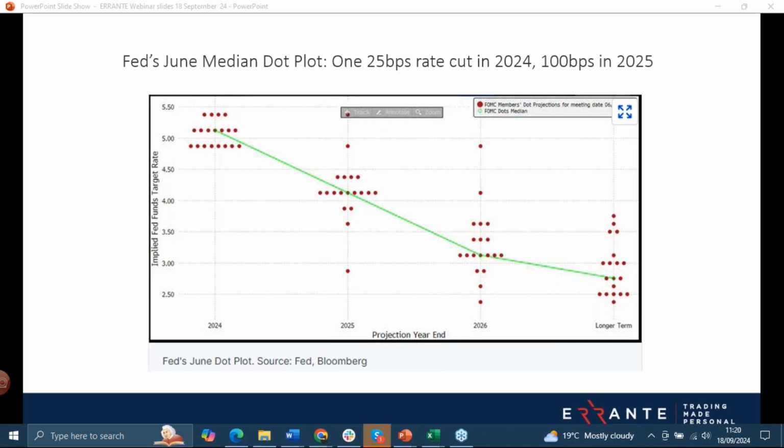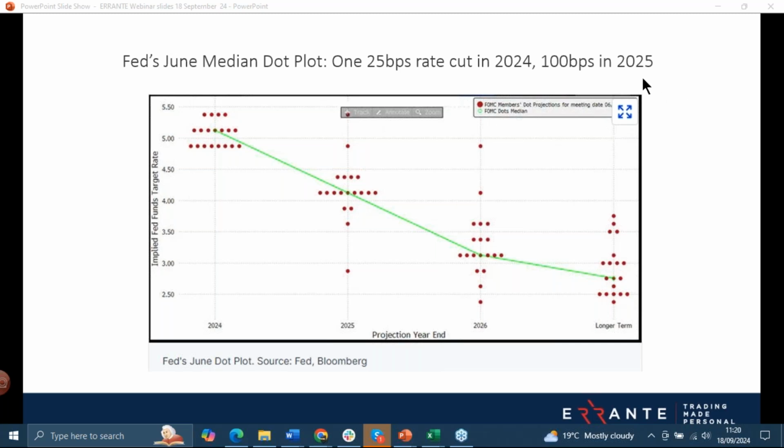But then obviously Powell would potentially highlight and emphasize that the Fed would go larger going forward. Of course, that also depends on the dot plot and what that shows us for this year and next year. So many moving parts, as I say.